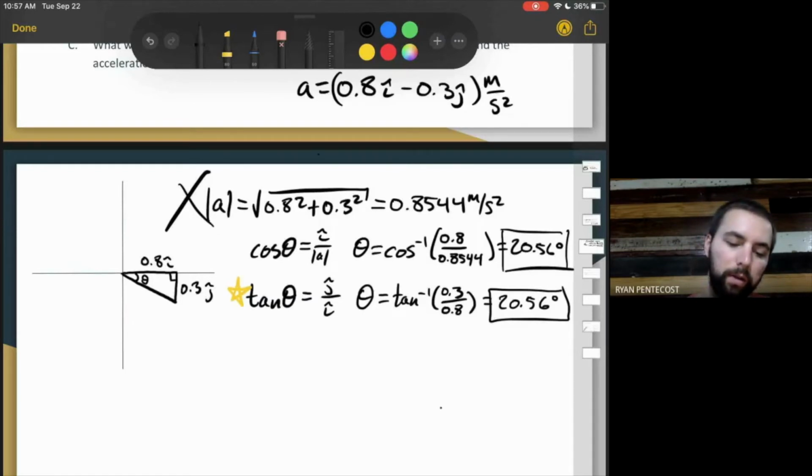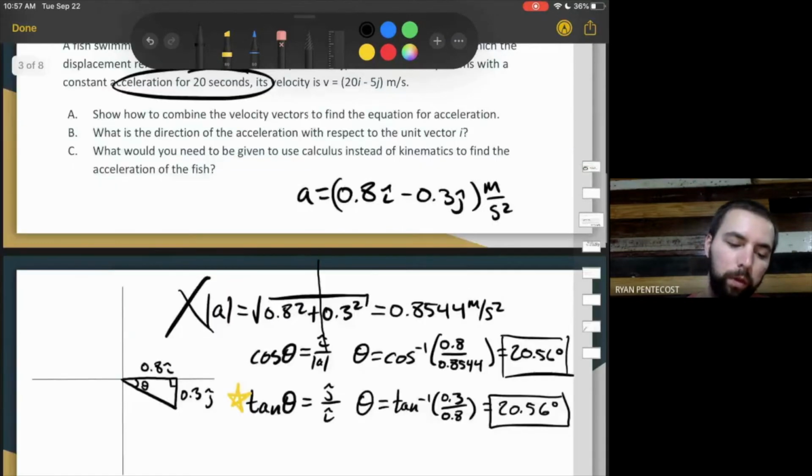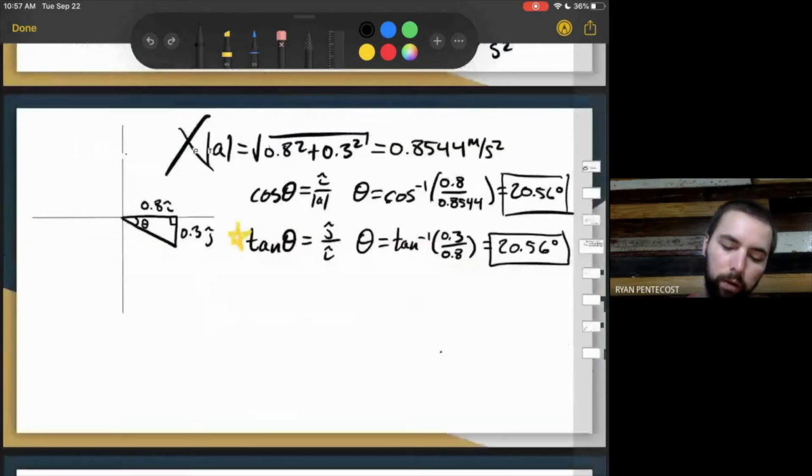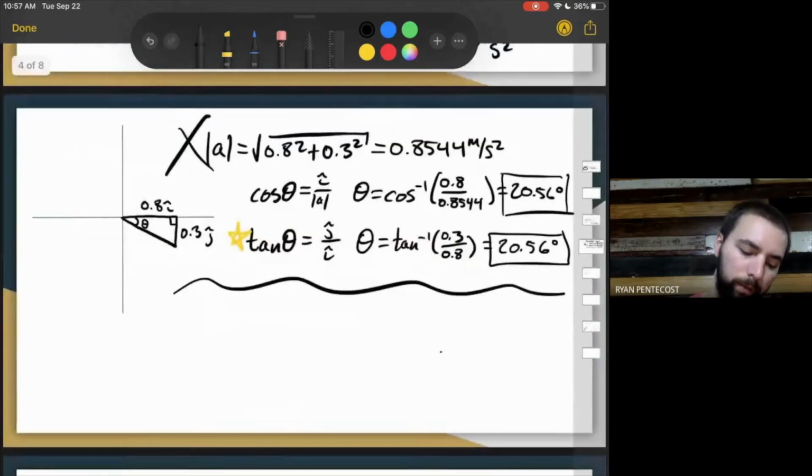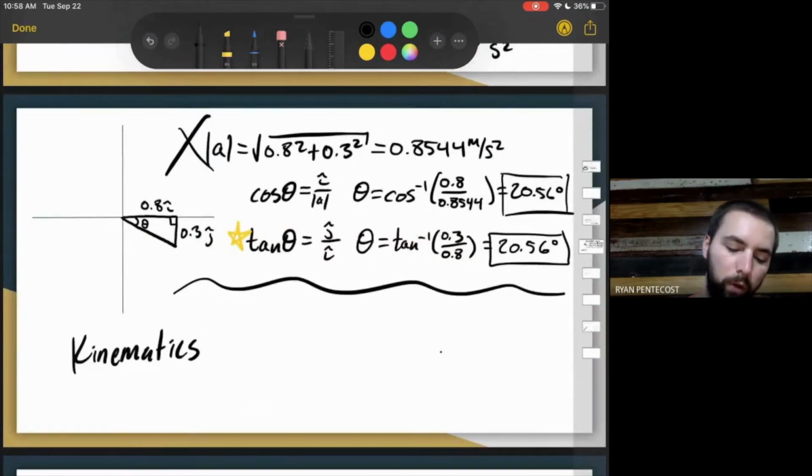All right, next, what would you need to be given to use calculus instead of kinematics to find the acceleration of the fish? So what are some things that we need to do kinematics, right? Well, kinematics is going to require constant acceleration, right?